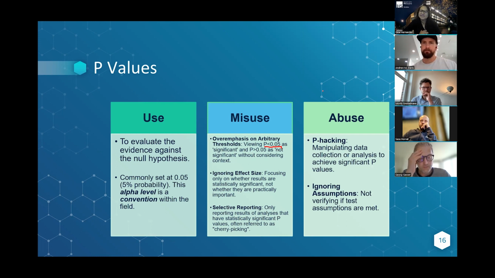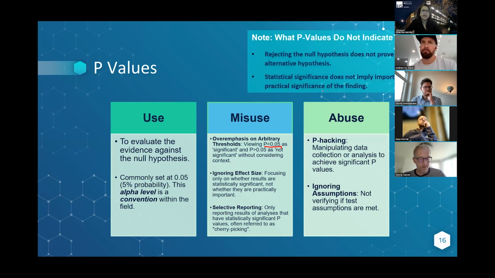And if they are not testing and reporting normality, then they are using the statistical test in order to test the null hypothesis, but they are doing it improperly because the assumptions are not met. So this is really important for you to know in order to weigh the conclusions that the paper you are reading is making. So this is a way to use p-values.